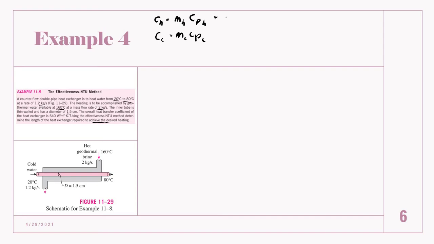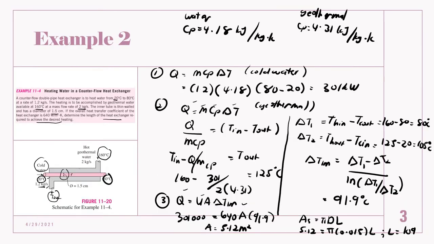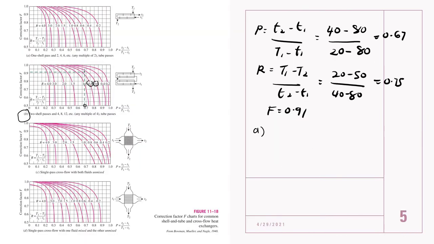Given in the question, the hot fluid is 2 kg per second, times the CP that we obtained previously: for geothermal water it is 4.31, and for the water it is 4.18.